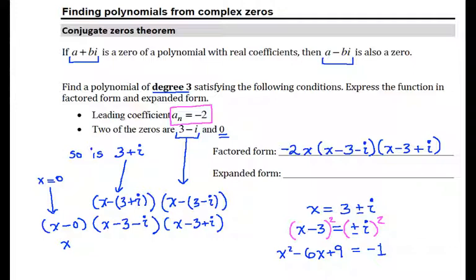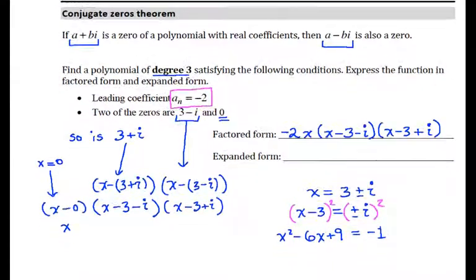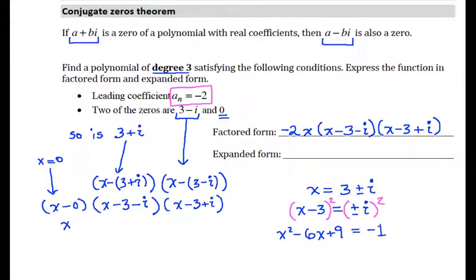Then I can finish this by adding 1 to both sides to get x squared minus 6x plus 10 equals 0. That means that 3 plus or minus i, those two zeros, are zeros of this quadratic.